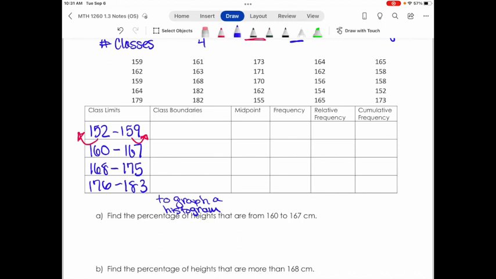And that's going to help us close the gap. So I'm going to write this as 151.5 to 159.5. I'm adding a half to the side of each of those limits on that interval.